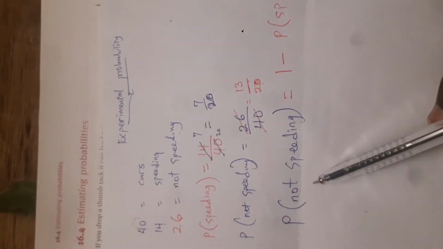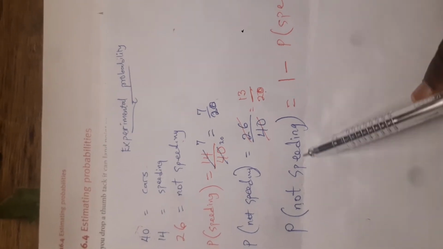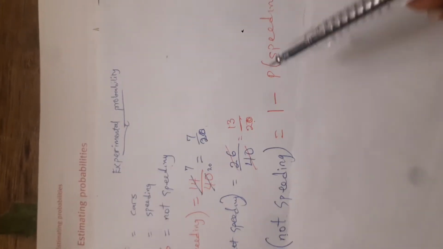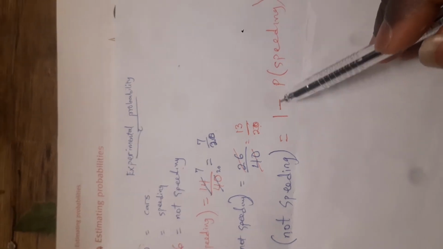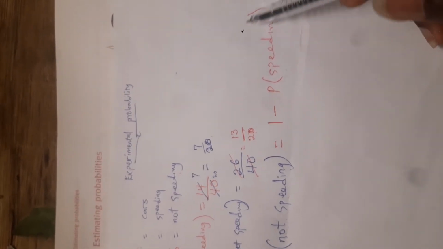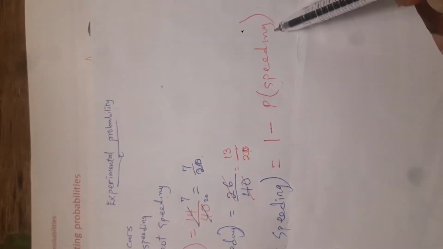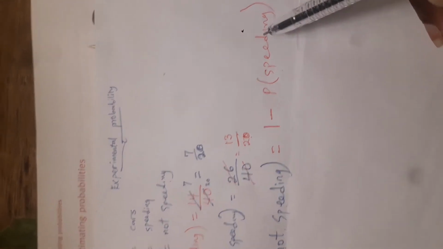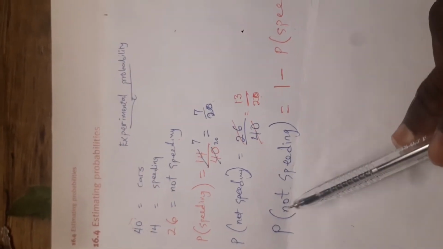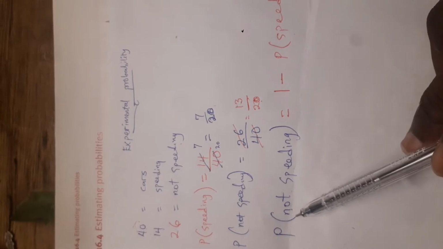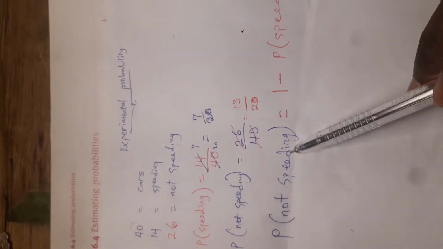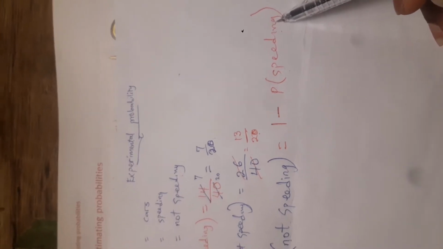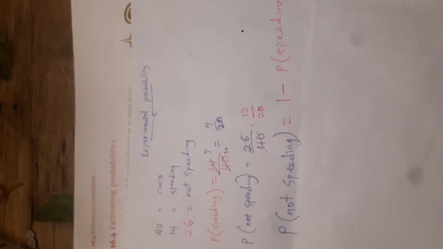If I ask you to find the probability of not speeding, not means 1 minus the positive statement. This is the positive statement, speeding. This is the negative statement, not speeding. For you to find the negative statement, it means 1 minus the positive statement. Please, I need you to understand this part.